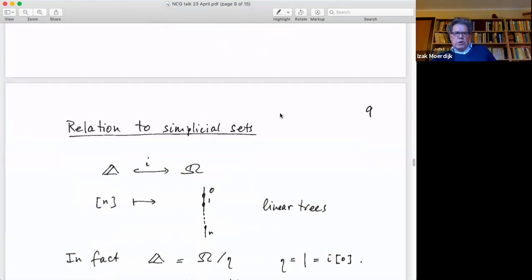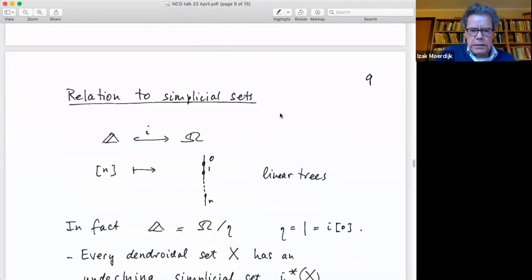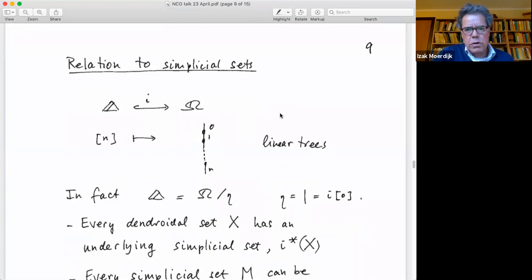Okay. So to get a bit more intuition of what's going on, there is an inclusion of delta into omega, a very easy one, because every linear order can be viewed as a tree. You have to pay attention because there is this number n, and the corresponding tree has n vertices and n plus 1 edges. So I number the edges 0 up to n.